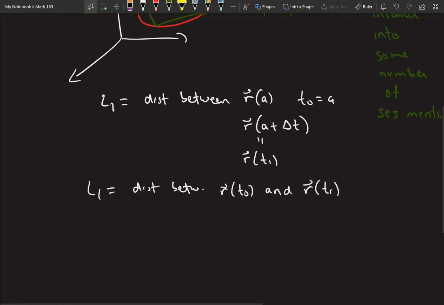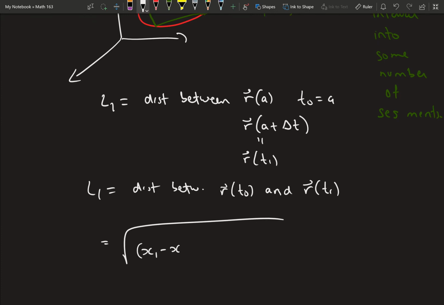Well, what is that? This is equal to the square root of x1 minus x0 squared plus y1 minus y0 squared plus z1 minus z0 squared.